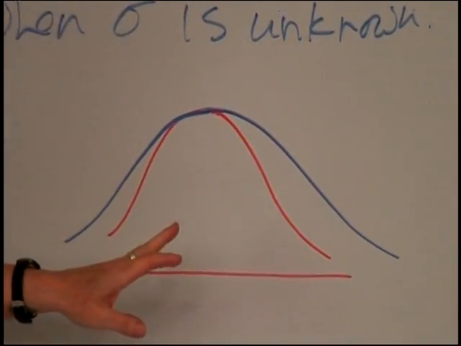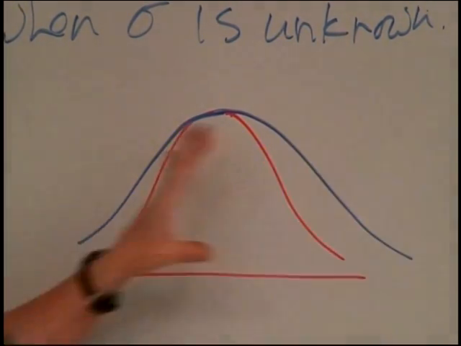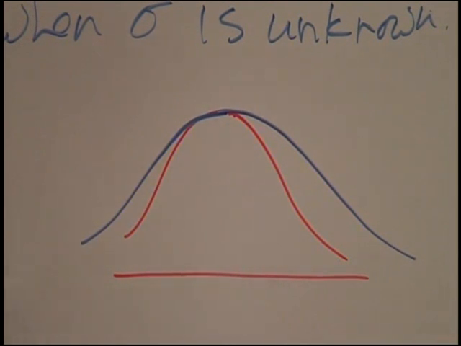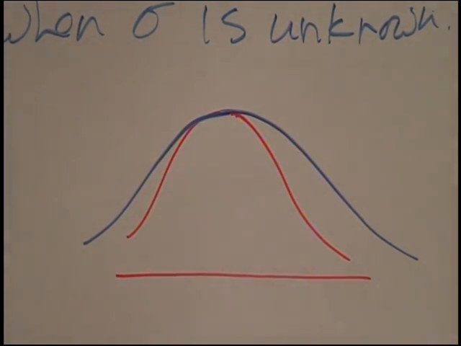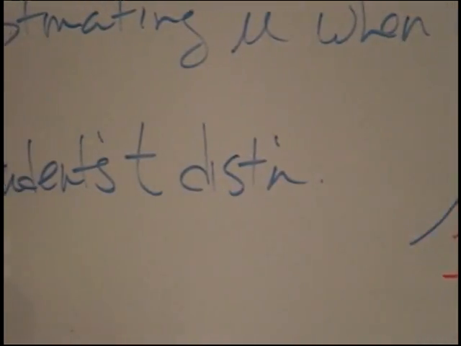It's a little chunkier in its tails because it's absorbing that extra error involved. Is it still symmetric? It is symmetric, yes. So, bell-shaped, symmetric, mean at 0, but not normal.